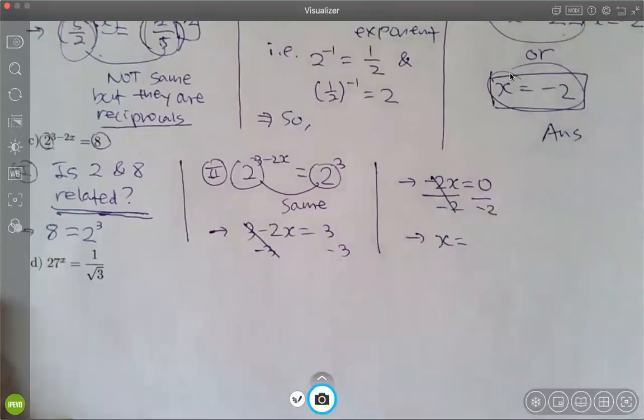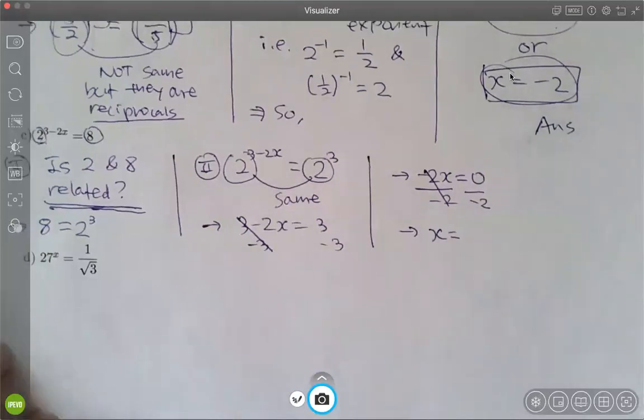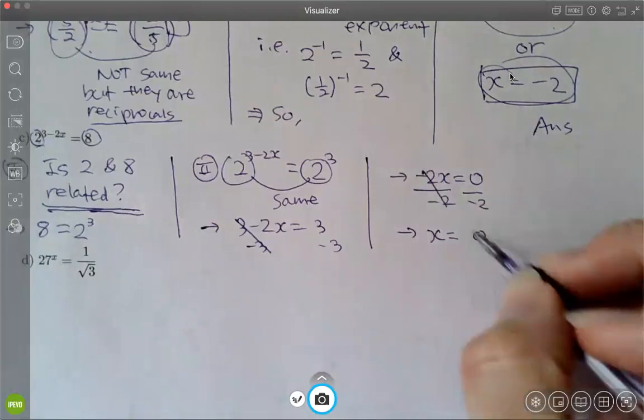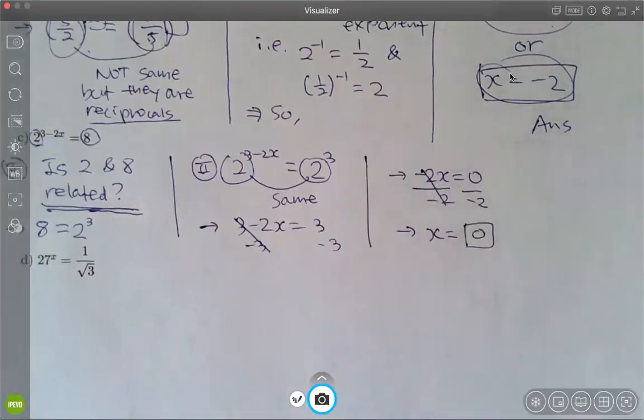And what's that equal to? -2, 0, undefined. 0, right? Yes. Okay. So now that's that.